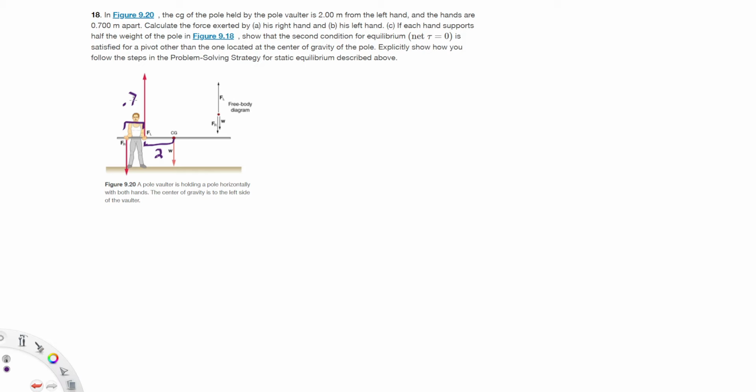Okay. Is the pole vaulter holding the pole steady, or is it dropping? Yeah, it's steady. If it's steady, and for the force part of this problem, we're going to say that up is the positive y direction. If he's holding it steady, then the sum of forces equals 0.